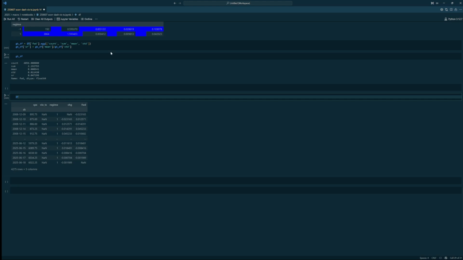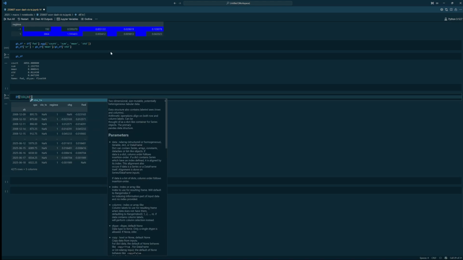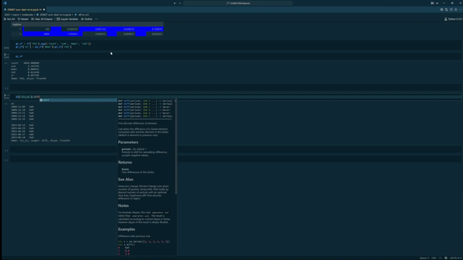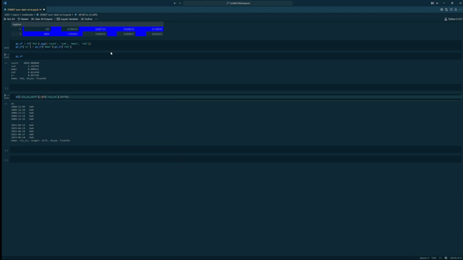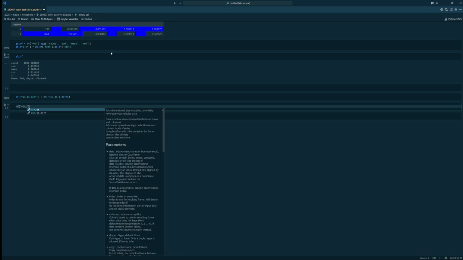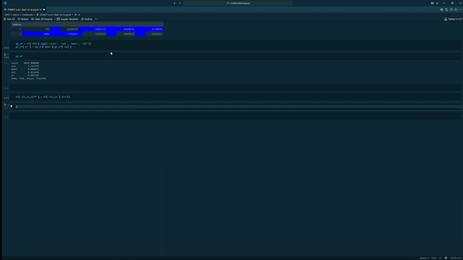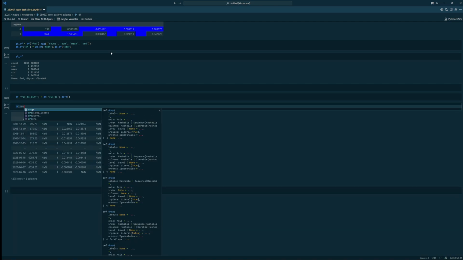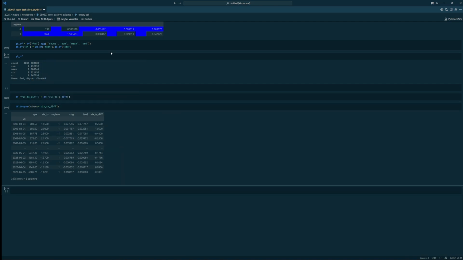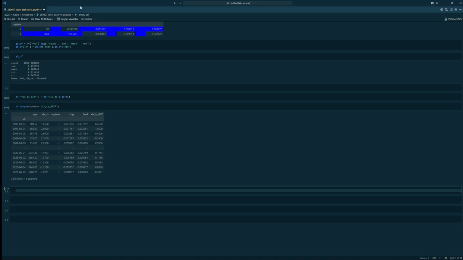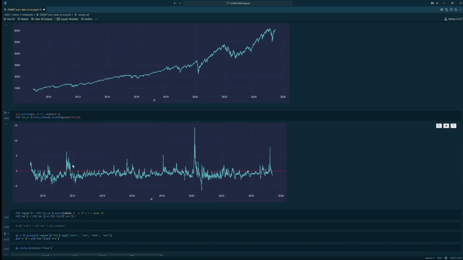Another one we can do, so we take the VIX TS diff. If we were to verbalize, hey, how are we getting along here?